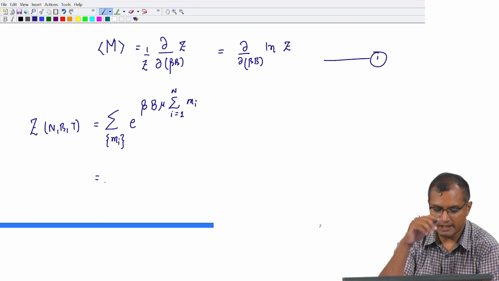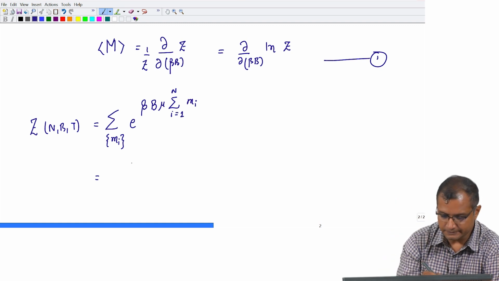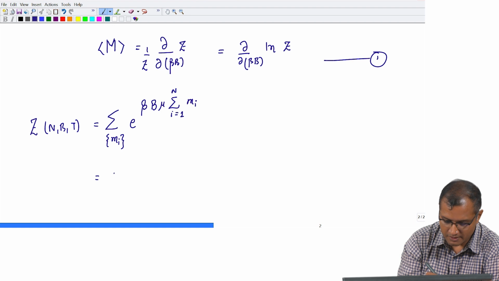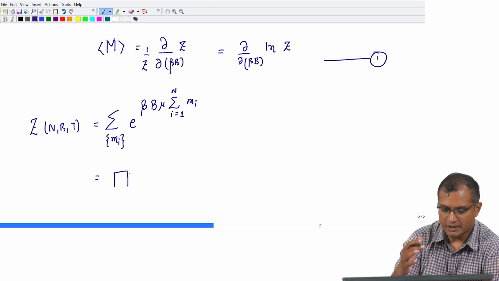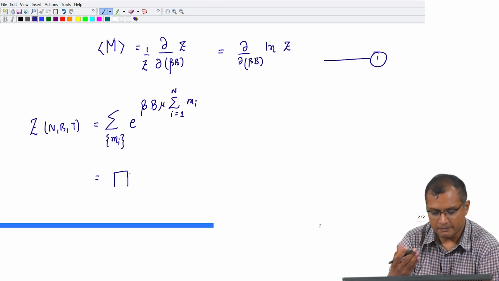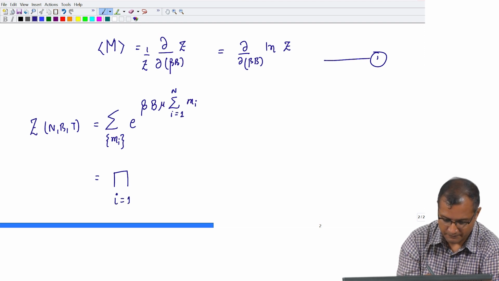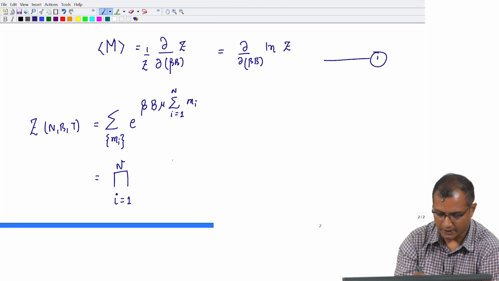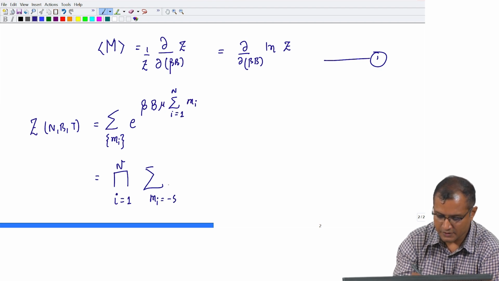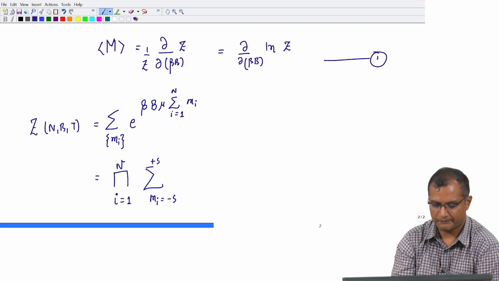I can rearrange this so that the exponents that are added up now become products. And for each i that I have taken outside, I can take my mi's to go from minus s to plus s.